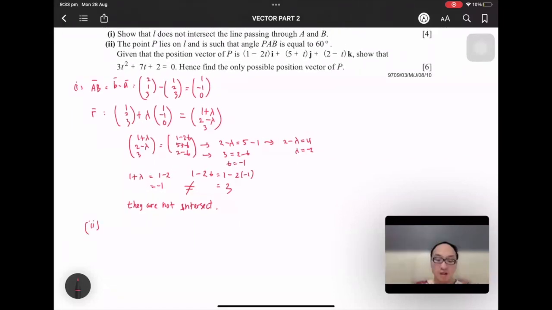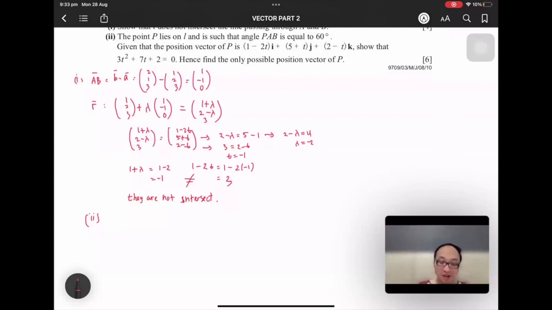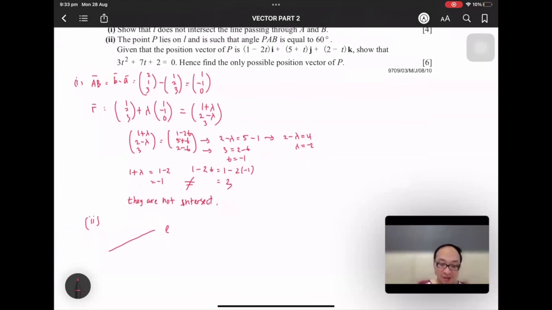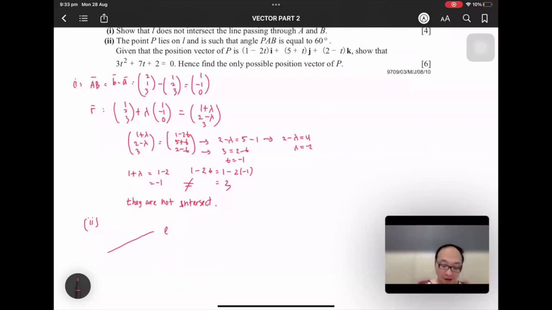The point P lies on L, and it's such that angle PAB is equal to 60. So this is the line L, and there is a point P. Angle PAB is equal to 60 degrees.